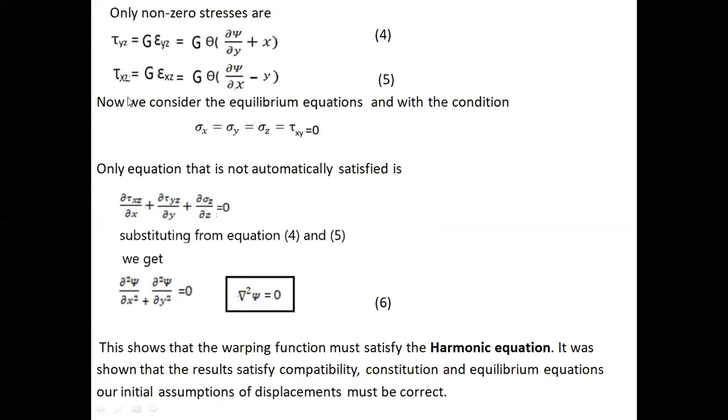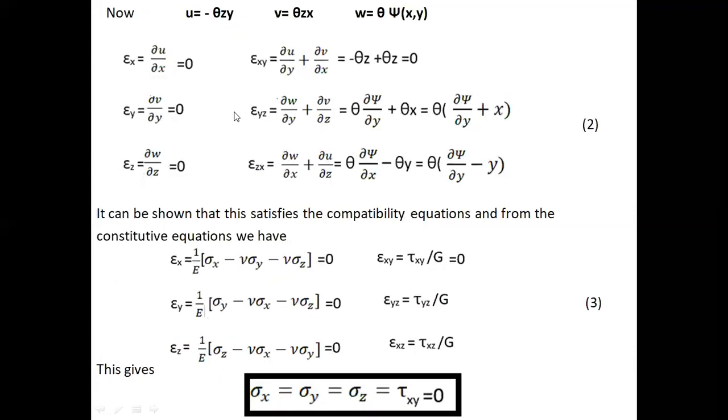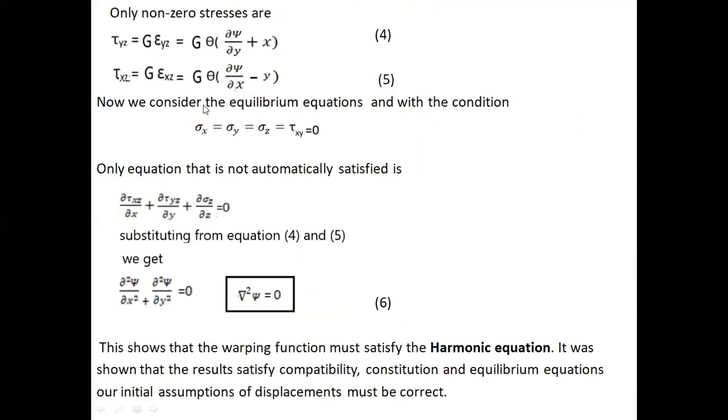Similarly, tau xz is equal to G epsilon xz, and epsilon xz is again theta times del psi by del x minus y. So we write tau xz is G theta times del psi by del x minus y.